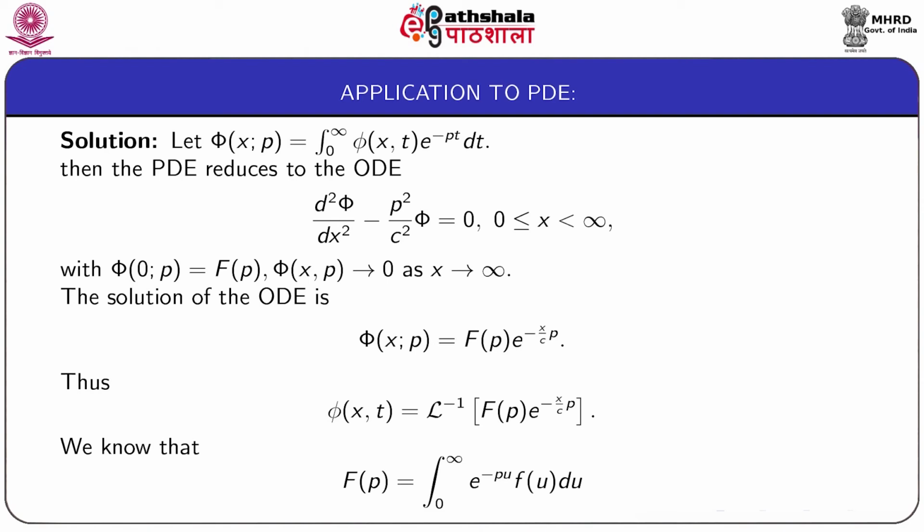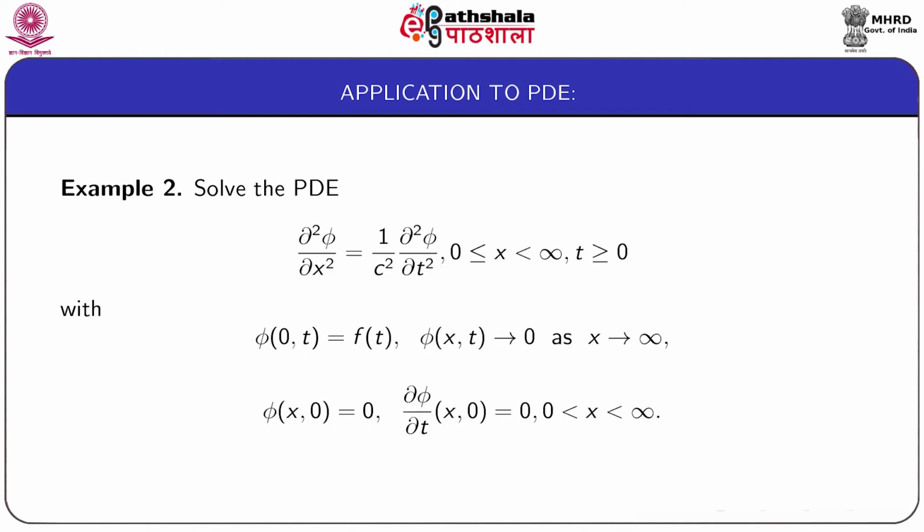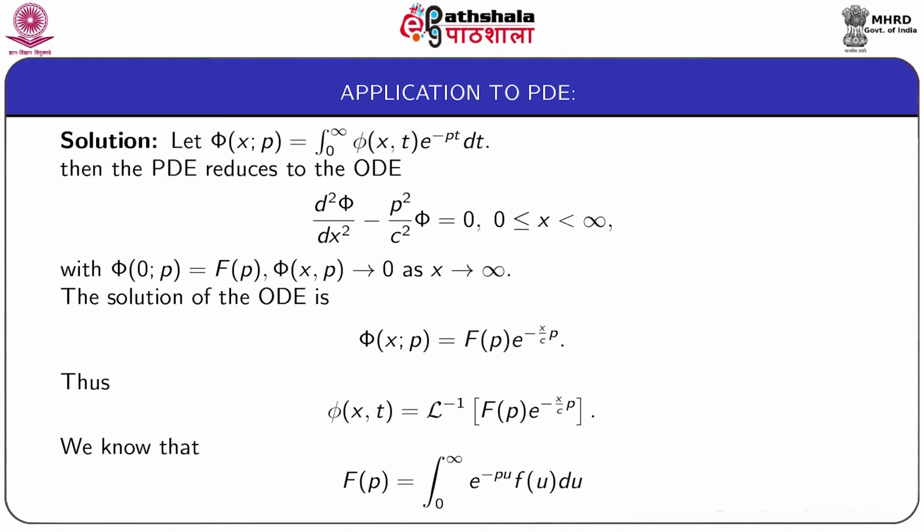Also, here we have used the initial conditions phi(x,0) equal to 0 and del phi by del t at (x,0) equal to 0 in deriving this ordinary differential equation.